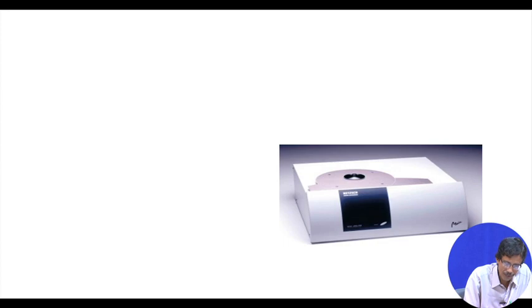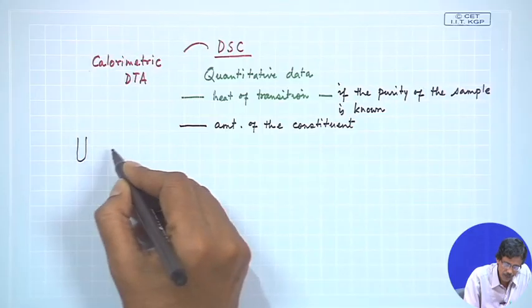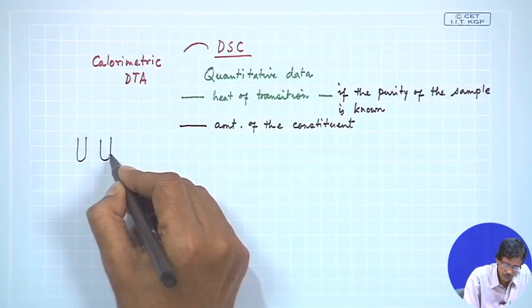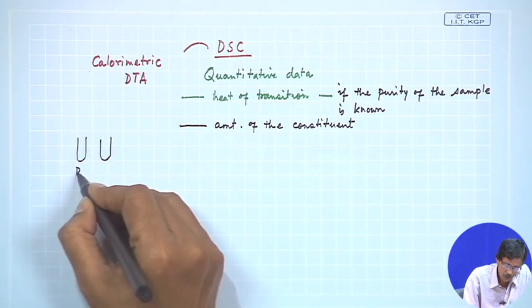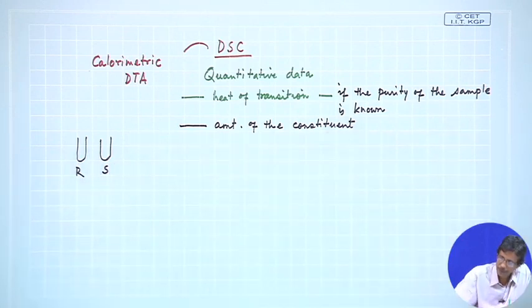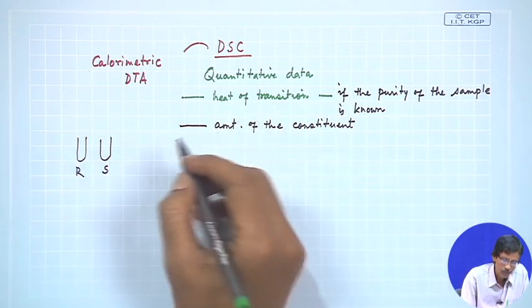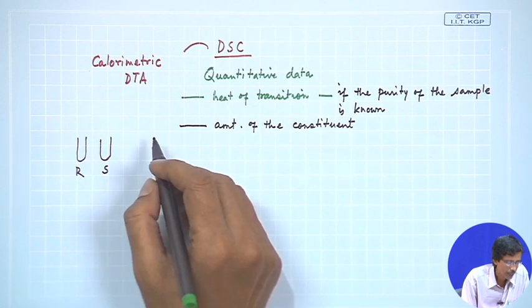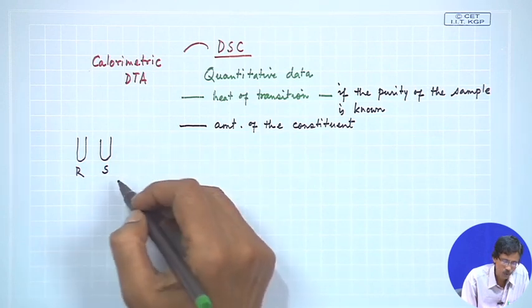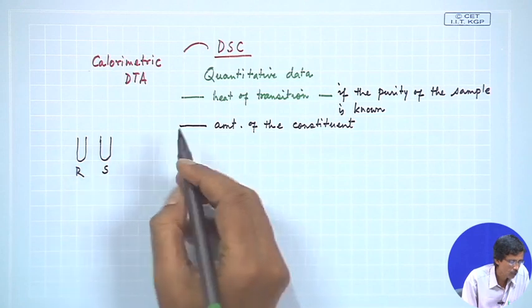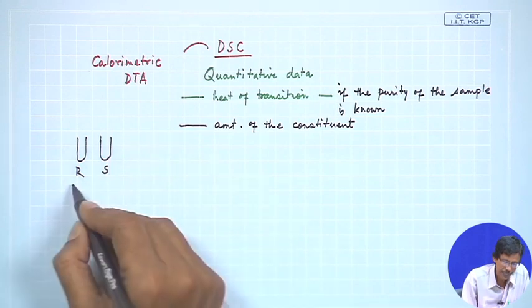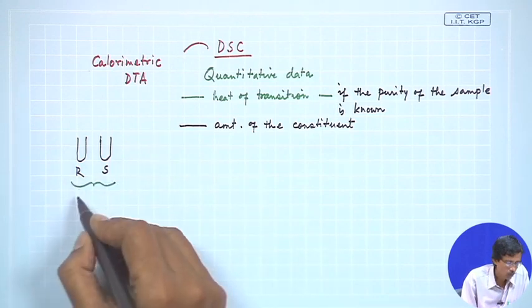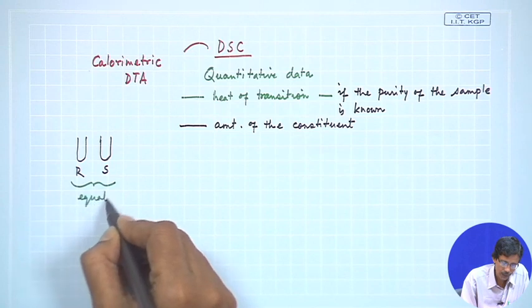So, if you have the reference as we saw just now and the sample, R and S, we want to keep them to a very small temperature difference or the amount of power required, because one can be cold and another can be heated up. So, the two temperatures should be kept very close to equality.